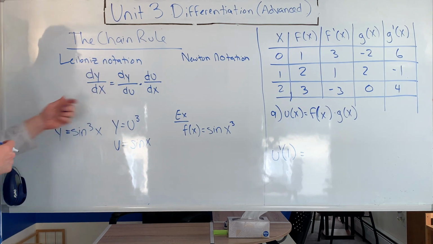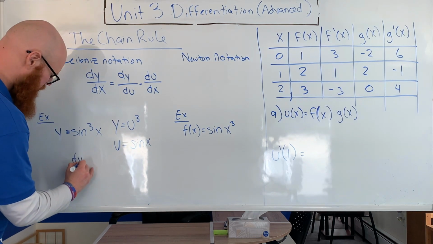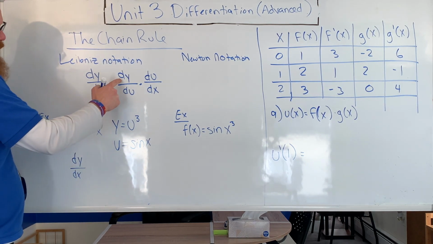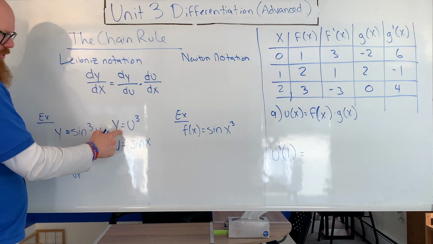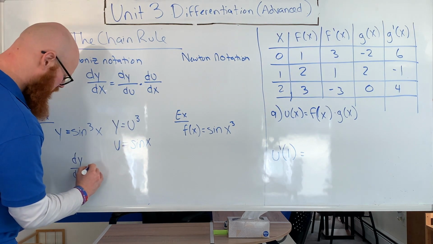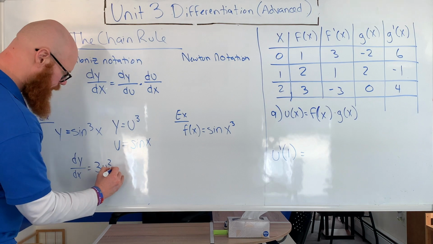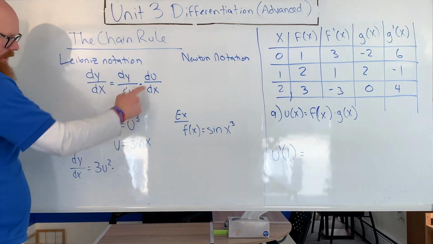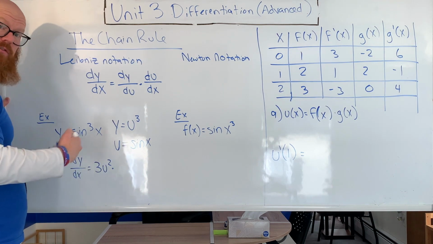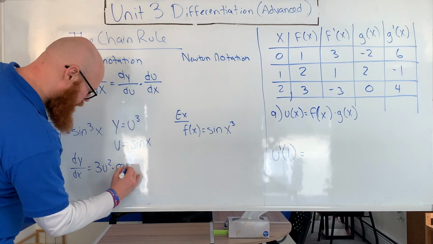Then if we want to find dy dx, the derivative of this original function, we can do dy du, the derivative of y with respect to u. This is just a power rule, so this is 3u squared times du dx, the derivative of u with respect to x. Well, the derivative of sine x is cosine x.